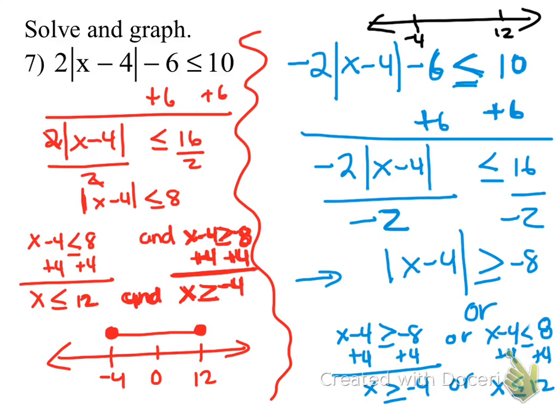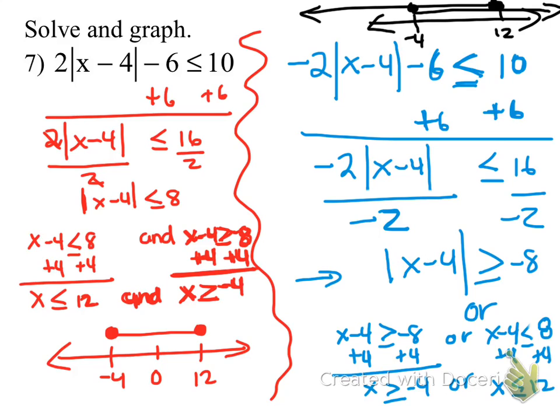So x is less than or equal to 12, so I have a solid dot at 12. It's any number in that direction. And then x is greater than or equal to negative 4, so it's any number in that direction. So what is the solution there? It's all real numbers.